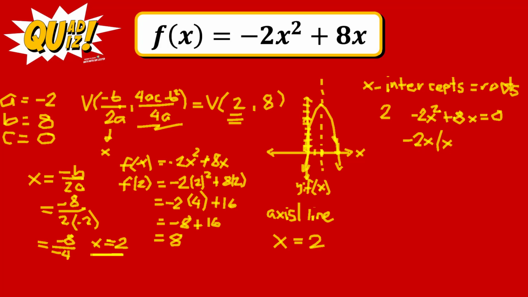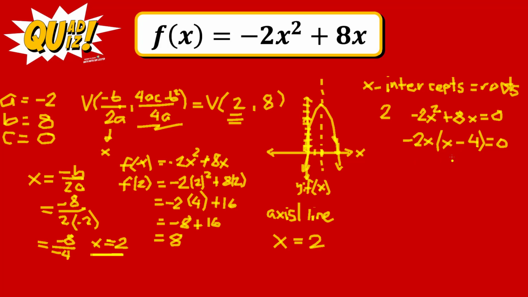Once you take out negative from positive, it's still negative here, and you'll have -4. Of course, you could always check by distributive property. -2x times x is -2x squared. -2 times -4 is +8, and you have your x. Now, this is by common monomial factor. This is only possible if you don't have the c coefficient.